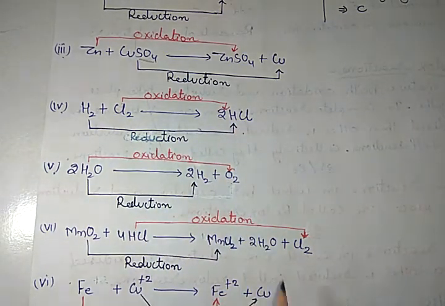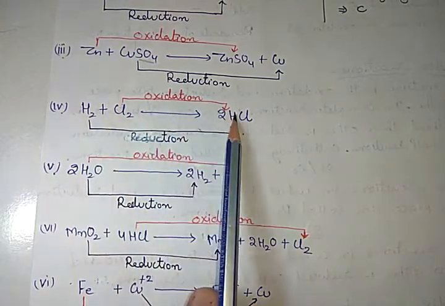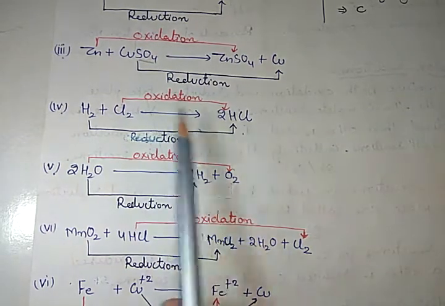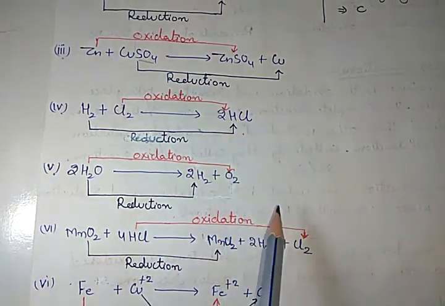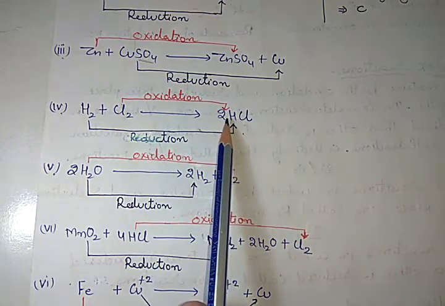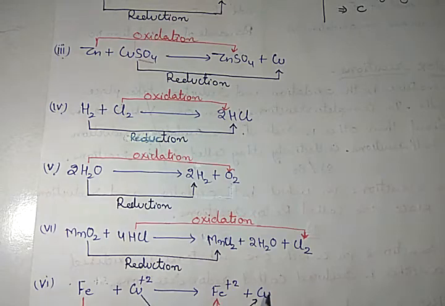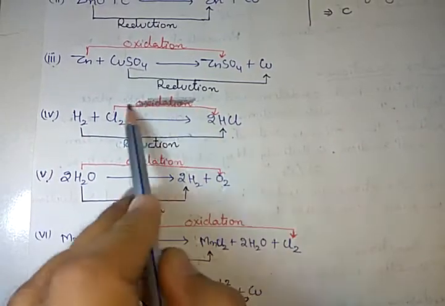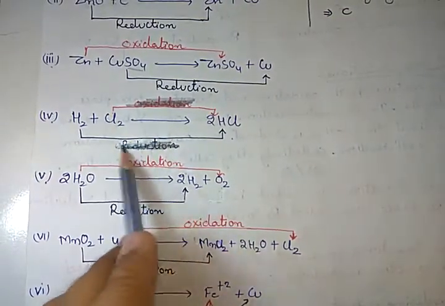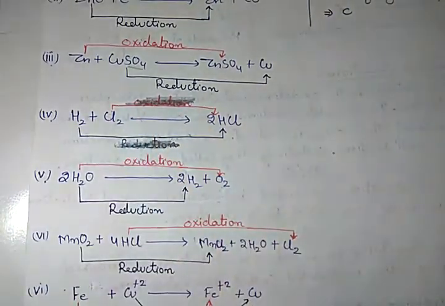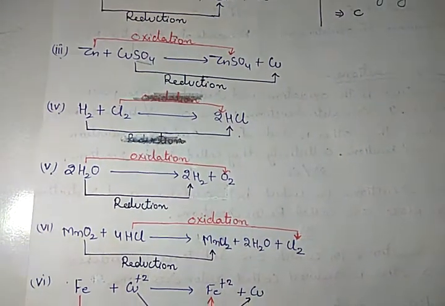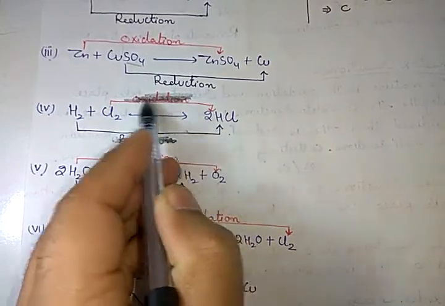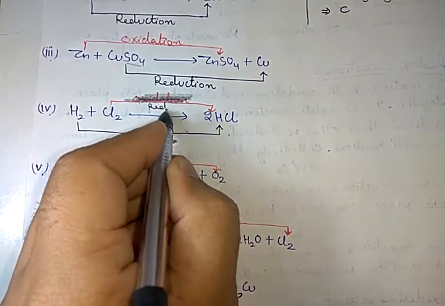Now consider the next example, H2 plus Cl2 forming 2HCl. If you consider here and here, then this chlorine and that chlorine, there is addition of hydrogen, and you know that addition of hydrogen is known as reduction.